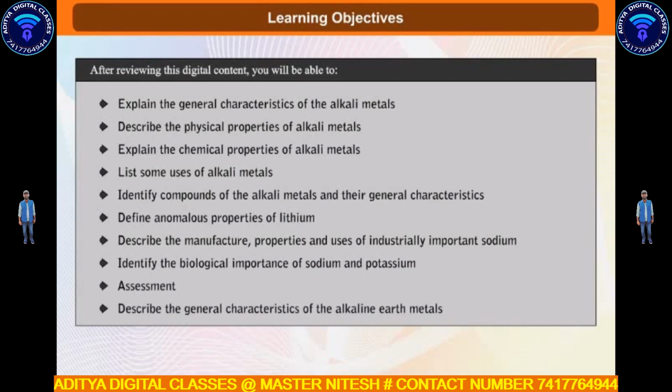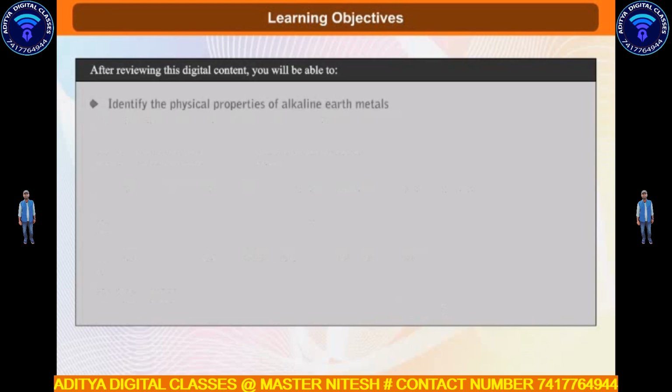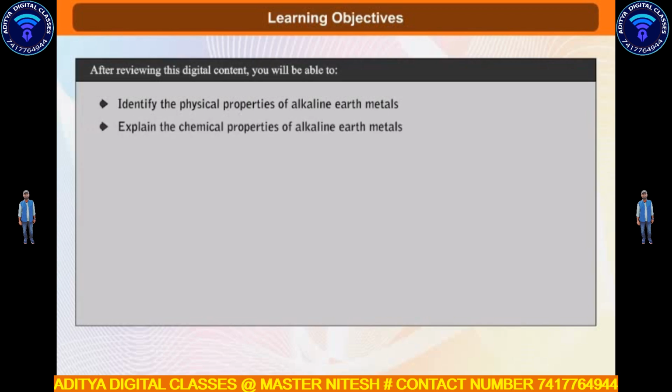Describe the general characteristics of the alkaline earth metals. Identify the physical properties of alkaline earth metals. Explain the chemical properties of alkaline earth metals. List some uses of the alkaline earth metals.